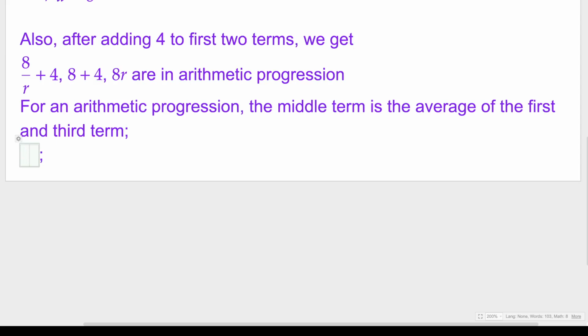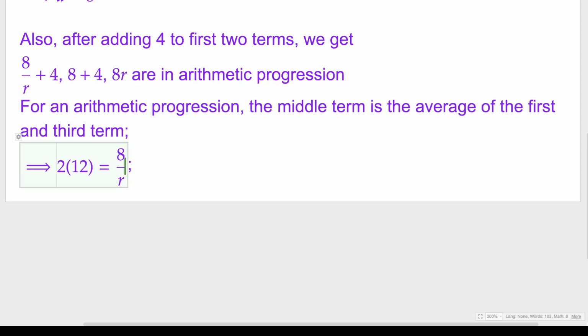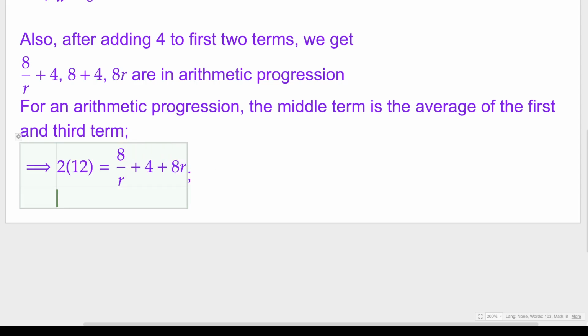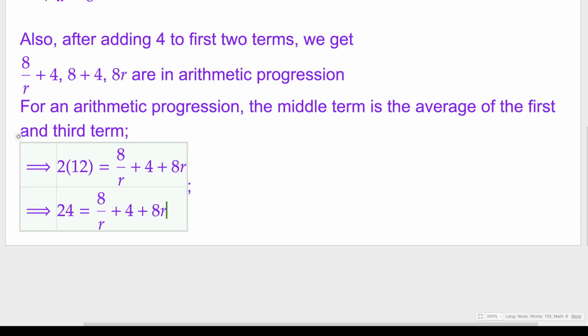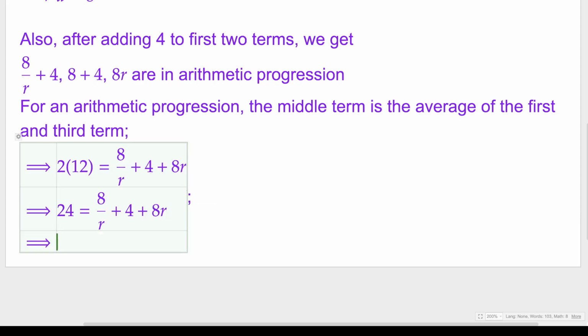This implies that 2 times 12 equals 8 over r plus 4 plus 8 times r. On resolving this equation, this gets 24 equal to the same equation. In the next step, after resolving this, we get 2r square minus 5r plus 2 equals 0.